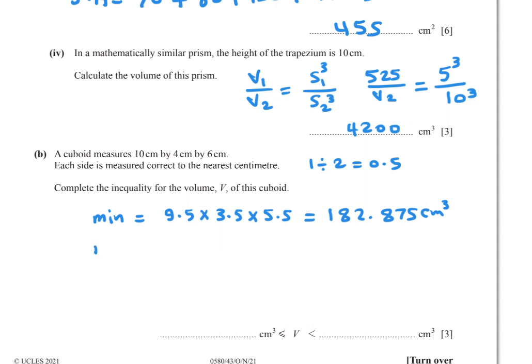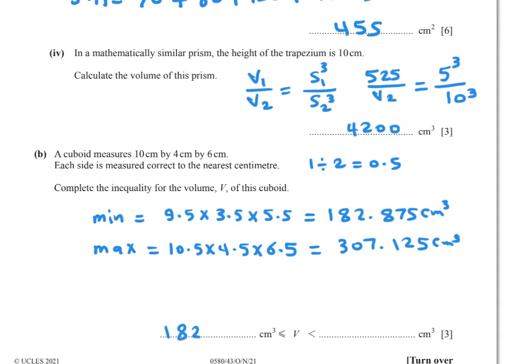To find the maximum value of the volume, add 0.5 to each side, so 10.5 times 4.5 times 6.5 equals 307.125 centimeter cube. So now the inequality: 182.875, this is the minimum, and the maximum 307.125.